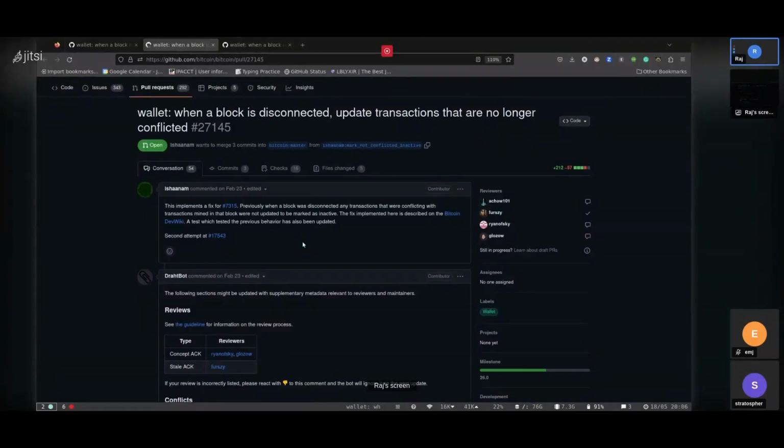Now the question was, what happens when there was a conflict between a transaction in an orphaned block and a transaction in the wallet? So in the case of conflict, Bitcoin Core returns that the confirmation of that particular transaction is negative.